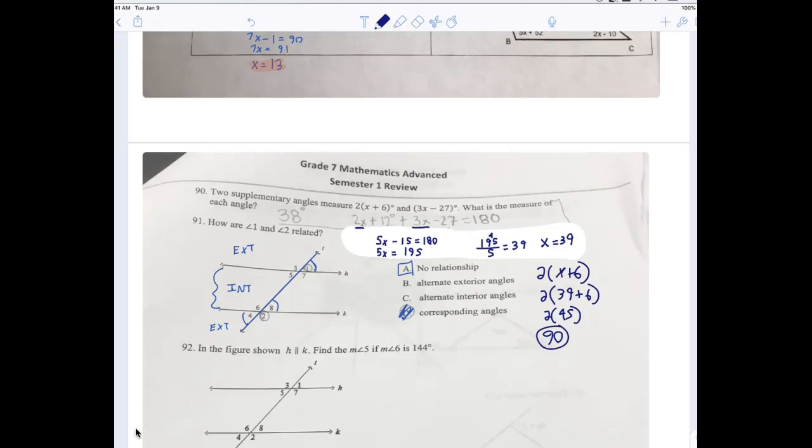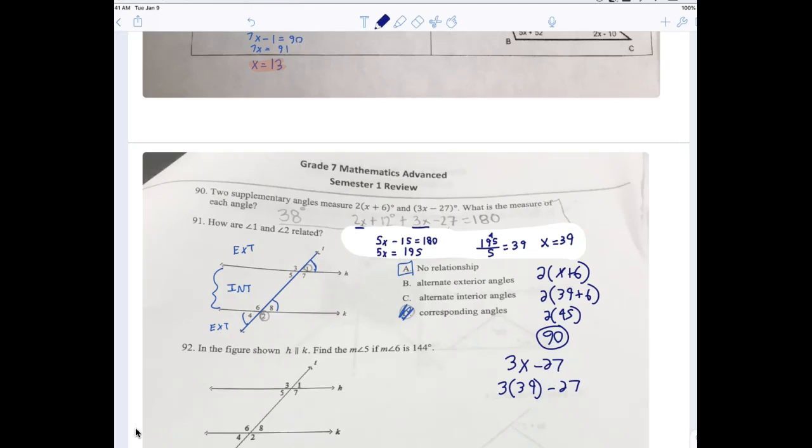Right? Now, we have to do 3x minus 27. 3 times 39 minus 27. What's 3 times 30? 90.